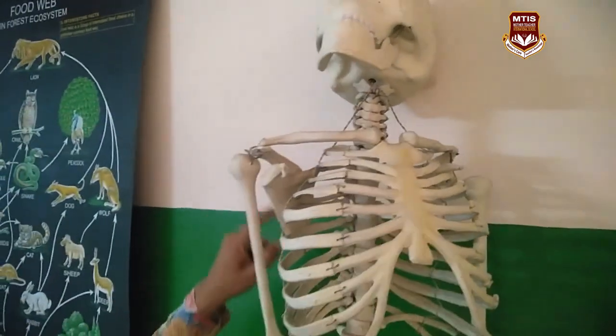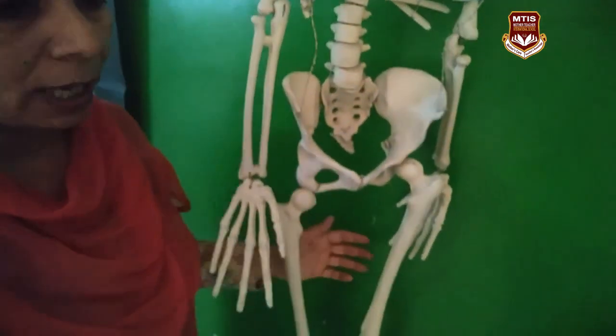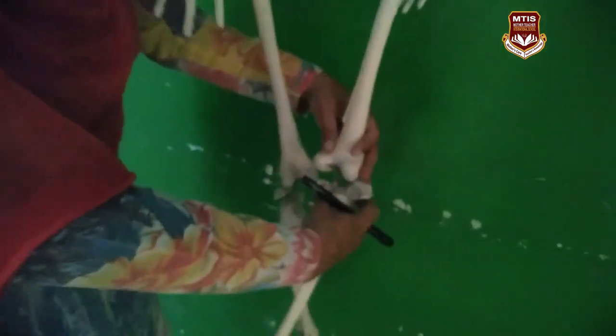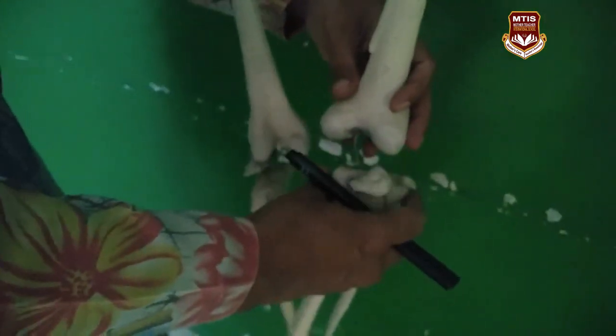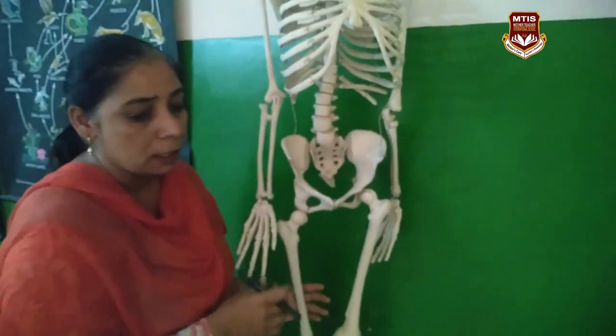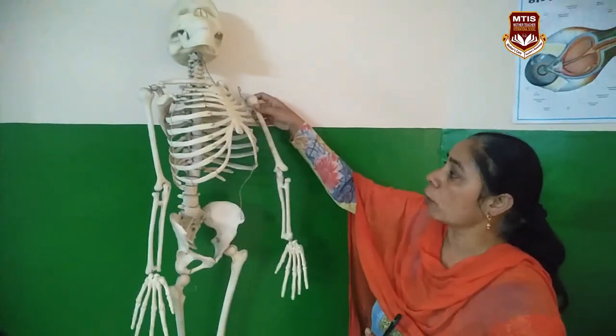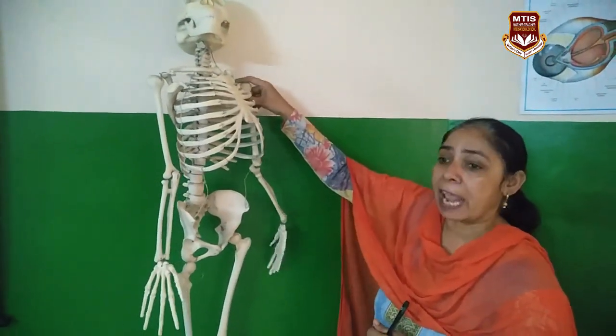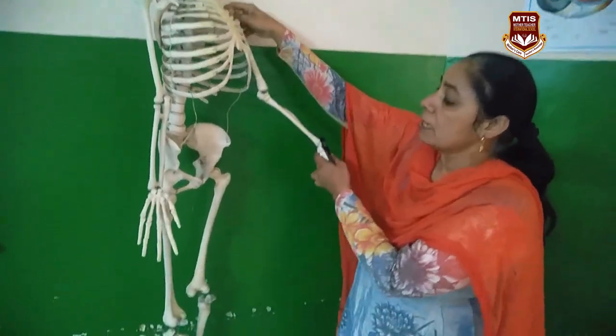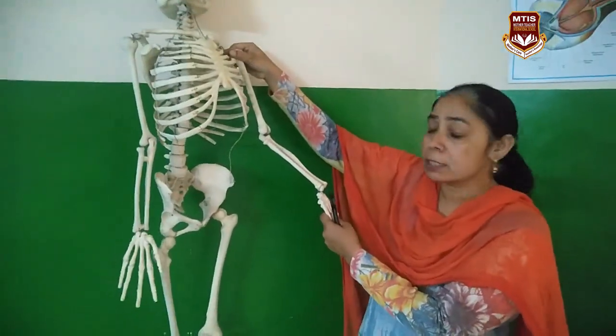Second is the hinge joint. Hinge joints are found in our knees and elbows. Then there are glide joints and the ball and socket joint, which is present in the legs and in the shoulders, right?